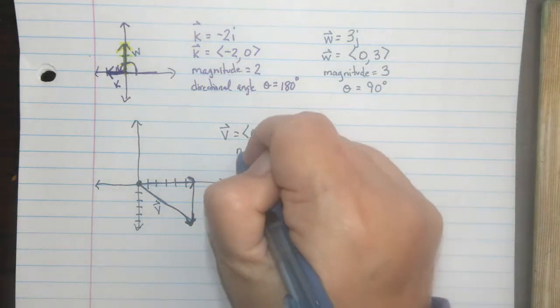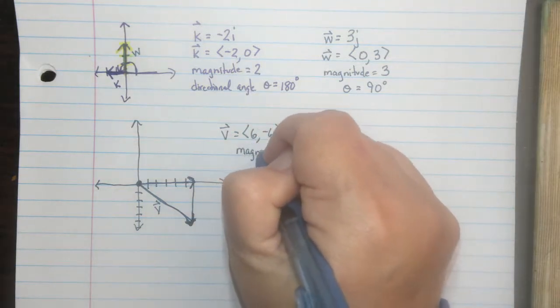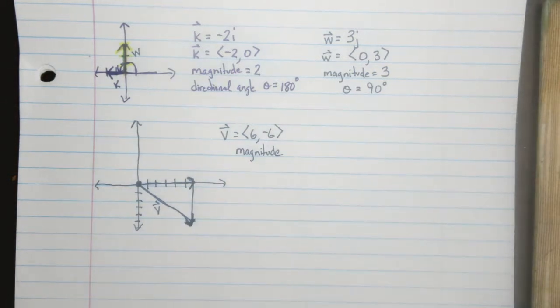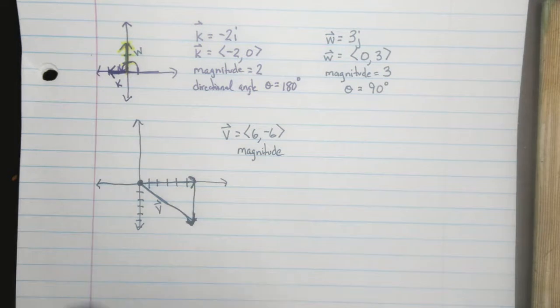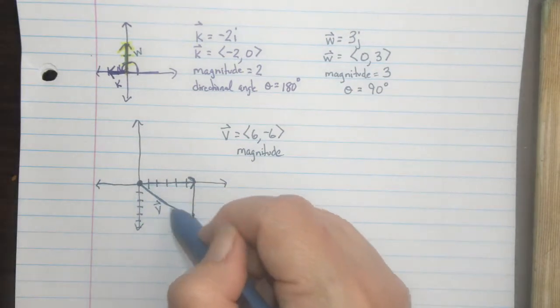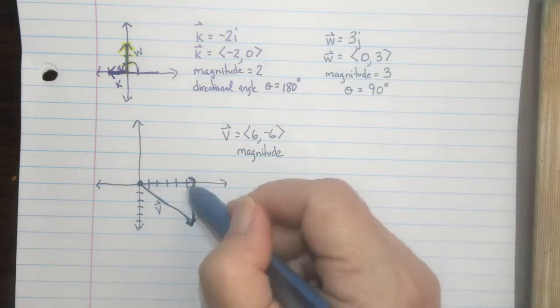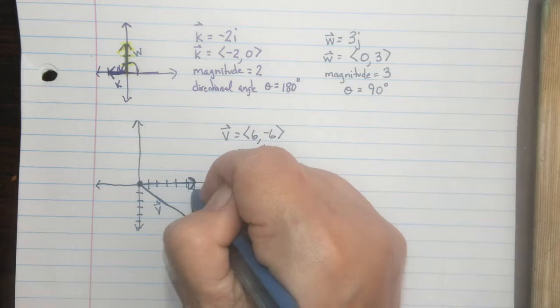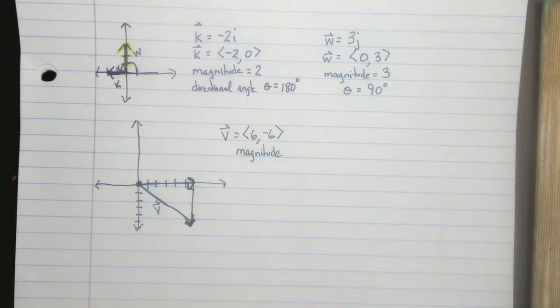So what's the magnitude? I can't just count like I did before, right? Because now my vector is at a diagonal. It's not just going horizontal or vertical. But do you see that that vector is being formed from a right triangle?